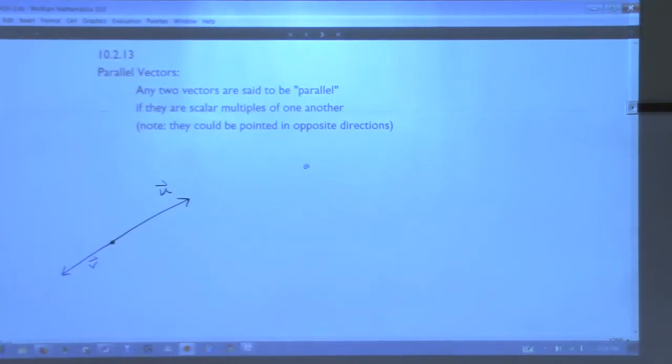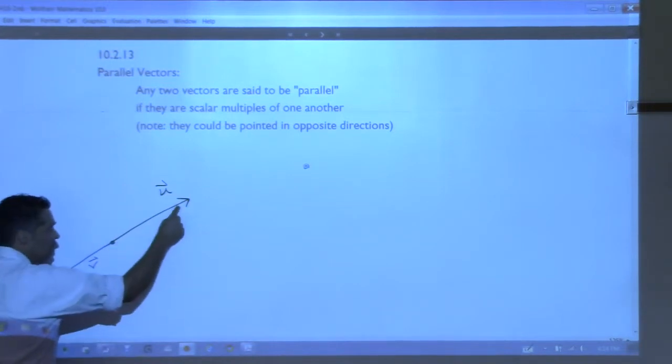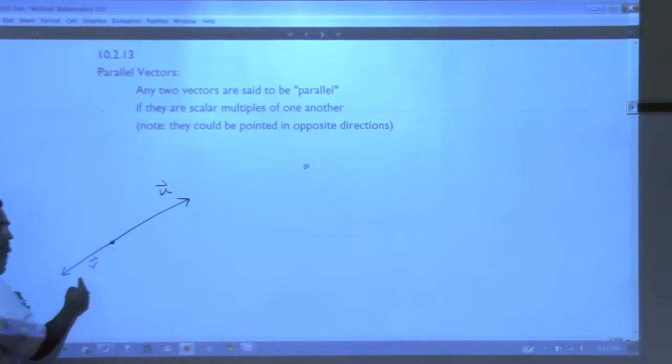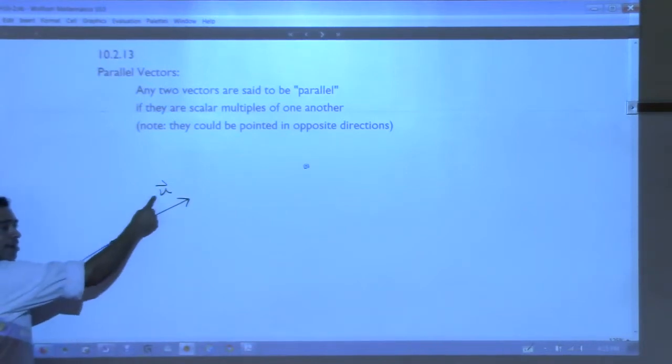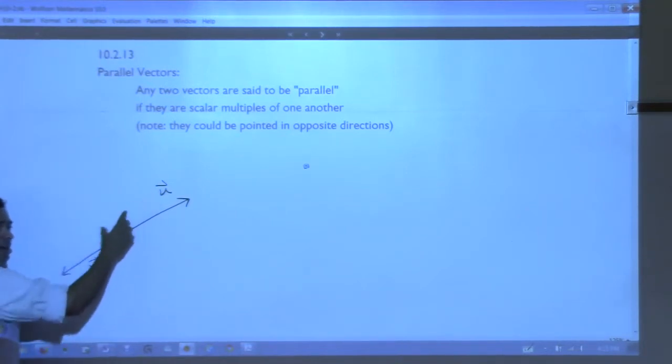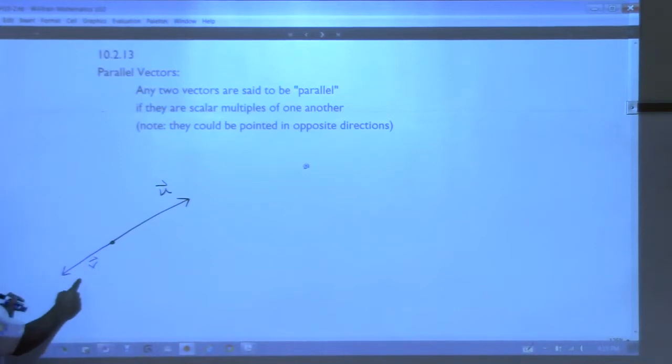Yes. They are parallel. Now, why are they parallel? Can you take u and multiply it by a number that would give you v? Yes. First it would have to be negative, right? So I'd have to multiply a negative number in front of u, and then I have to shrink it to make it smaller.